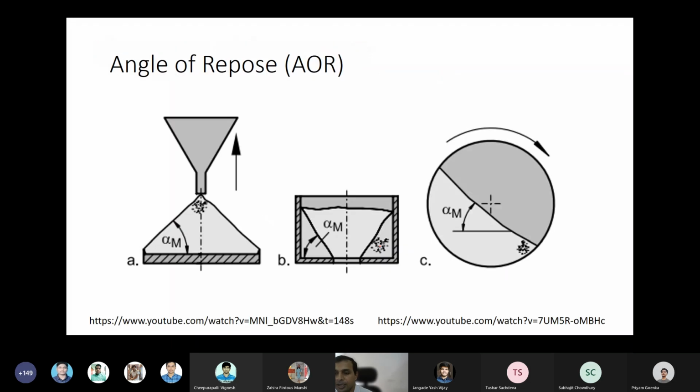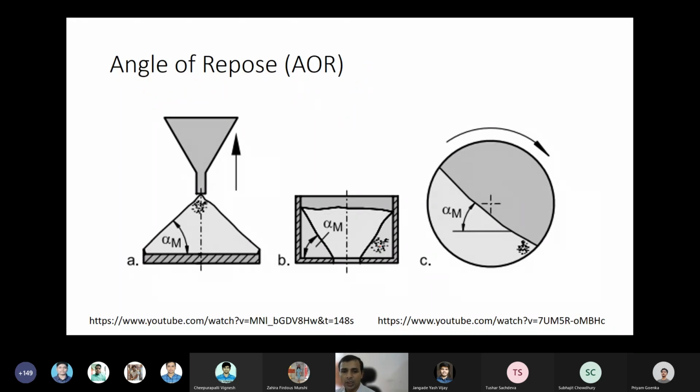So this is where we can eliminate the segregation. Now, is there any property that can quickly tell us the flowability, how easily the particles can flow?